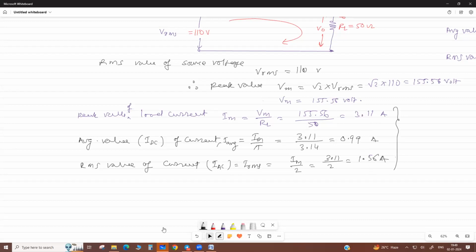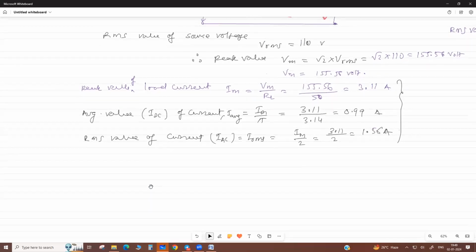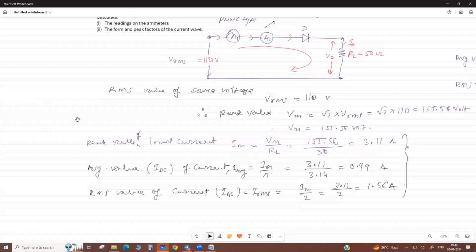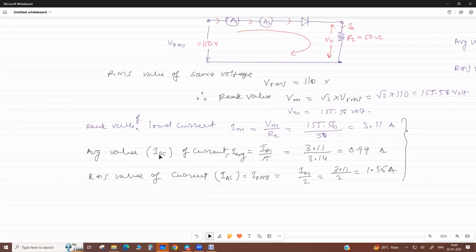अभी वो क्या पूछ रहे हैं, तो देखिए आपका कौन सा मीटर है. ये है ना जो A1 PMMC टाइप है. It reads DC value. तो कौन सी है DC value? एवरेज वैल्यू.